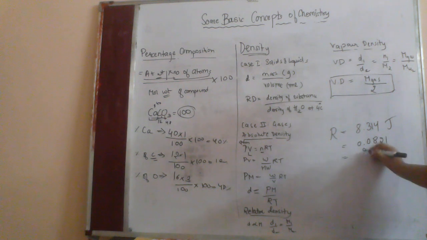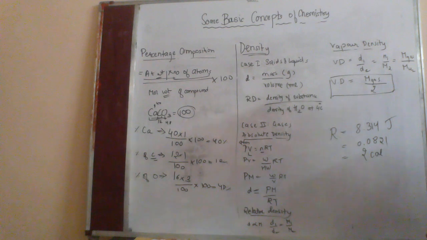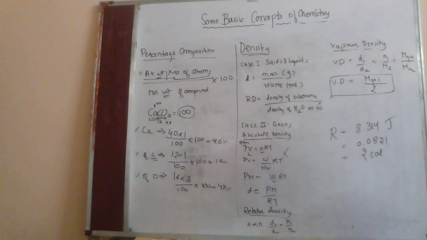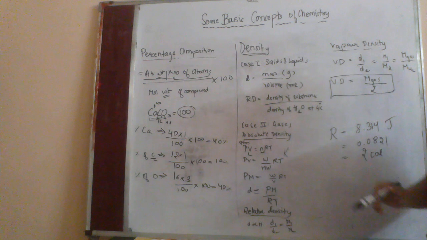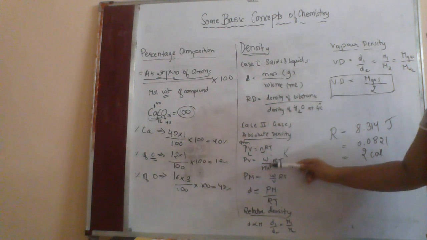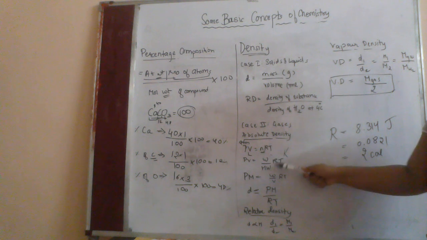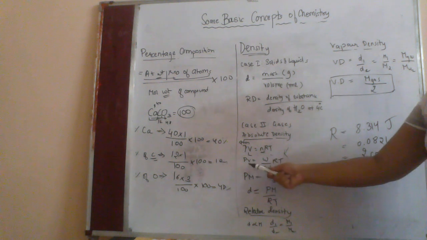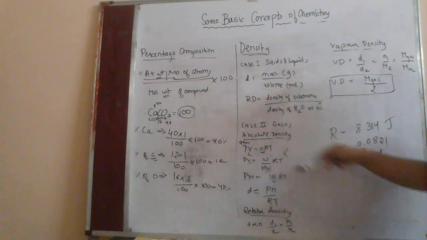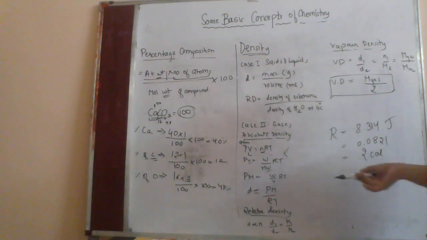The third value is 2, this is in calories. Now coming to T, that is temperature in Kelvin. Next, for the number of moles we had a formula, that is given weight by molecular weight, right? So we applied that formula here, and we got W by mW into RT. Now I will replace this V with this mW, that is I will take mW that side, and V on the right hand side.